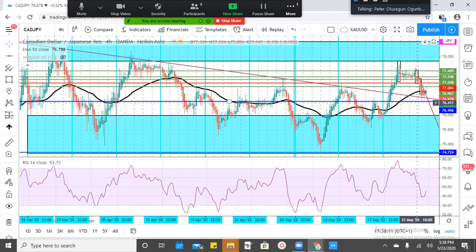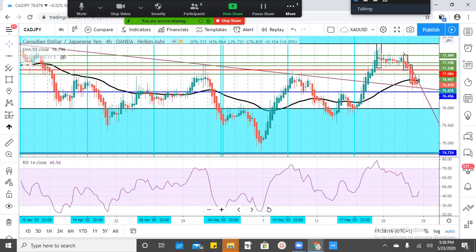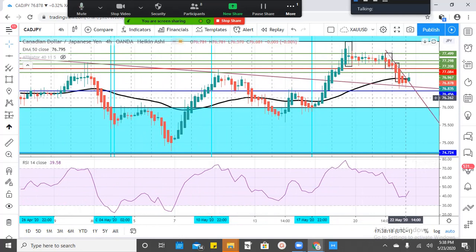Now as the third box forms, it formed here, I have to put my stop loss on top of this box here. If the fourth box forms, I'm moving my stop loss again on top here. As the boxes are forming, I'm also getting my stop loss down. That is how to shift your stop loss, just on top of the box.